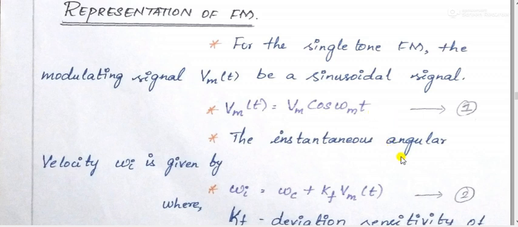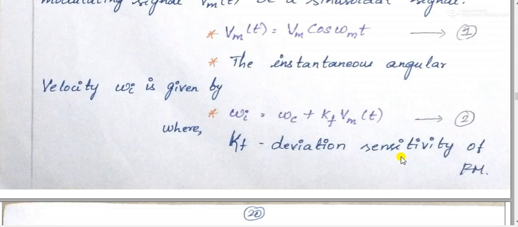And step 2, angular frequency or instantaneous angular velocity omega i is equal to omega c plus kf into Vm of t. So the instantaneous angular velocity depends on the angular frequency of the carrier wave and Vm of t. Here kf is the deviation sensitivity of FM. Now we are going to substitute equation 1 into 2.